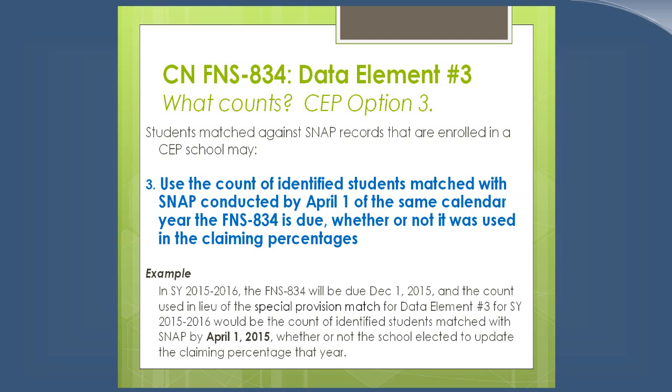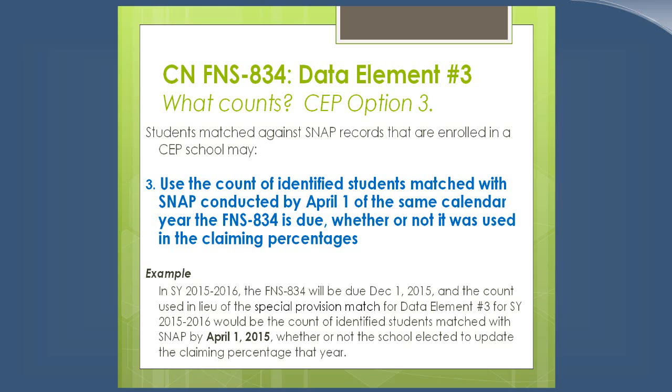The third option for CEP schools is to report the count of identified students matched with SNAP conducted by April 1st of the same calendar year in which the FNS-834 is due. Whether or not you use that match, it doesn't matter for your claiming percentages. But you can enter that result in data element number 3.